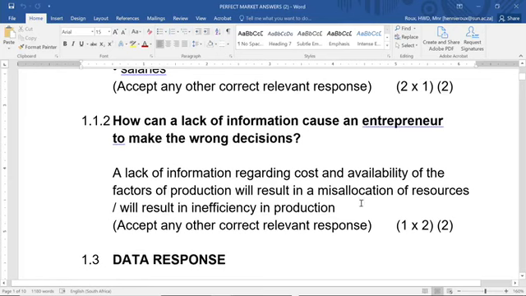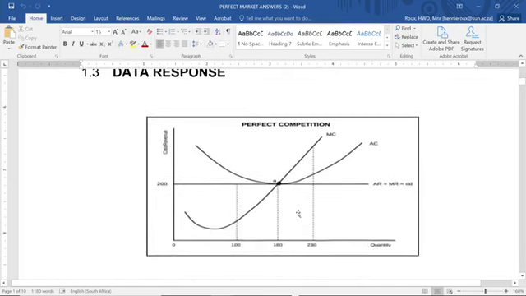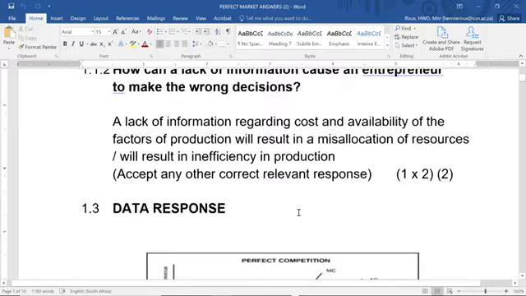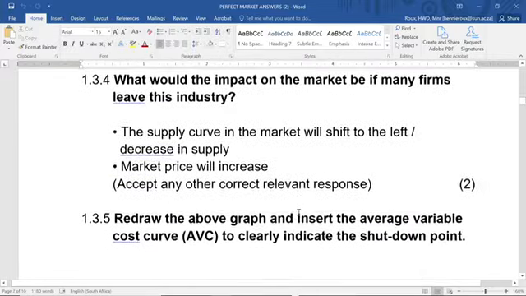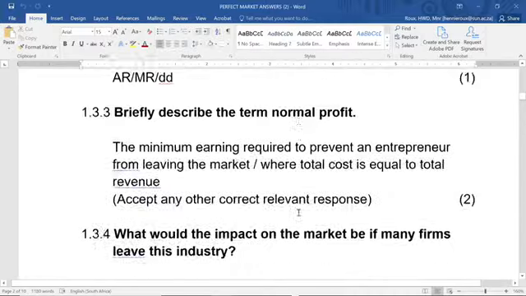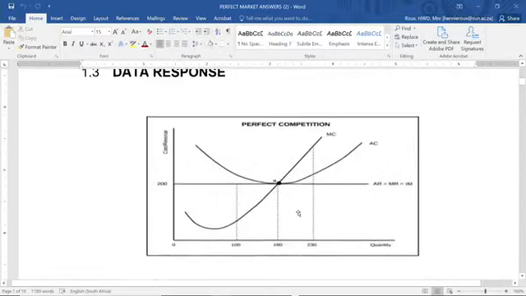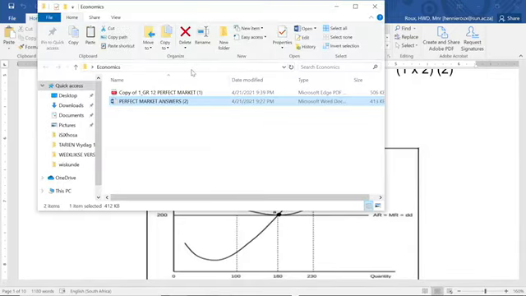We spoke about the inefficiency that can occur. And we don't have the answers for 1.2 here. Okay, right. So we're on to 1.3 now, and we're going to look at the questions for 1.3.